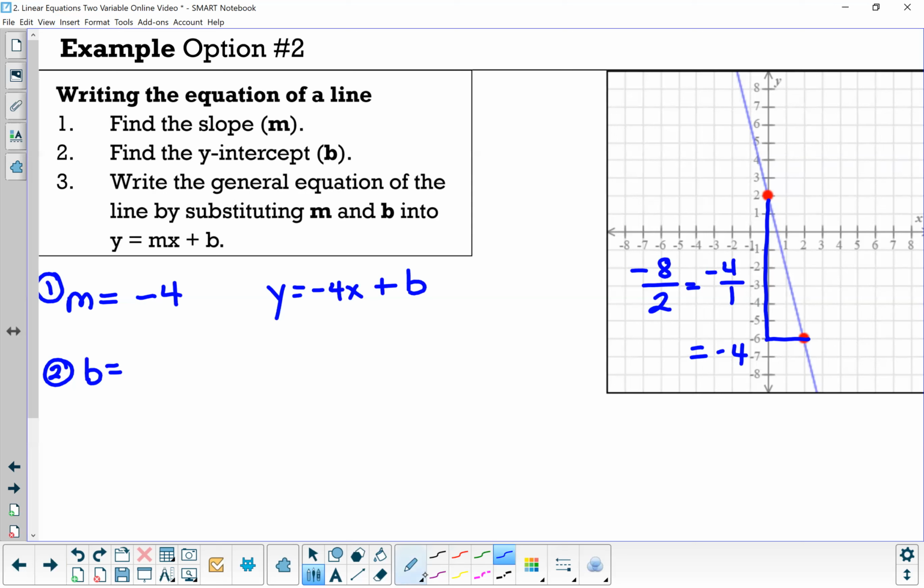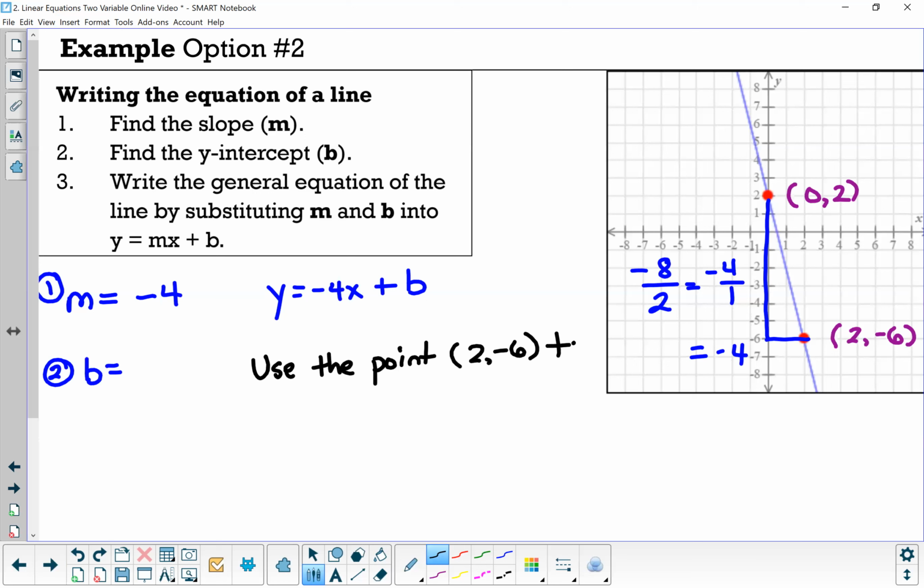All right, you need to know then a point from the graph. So earlier we saw this point was (2, -6), and this is (0, 2). Okay, so I'm going to calculate the b value. I'm going to use the point (2, -6) to calculate our y-intercept, our b value.